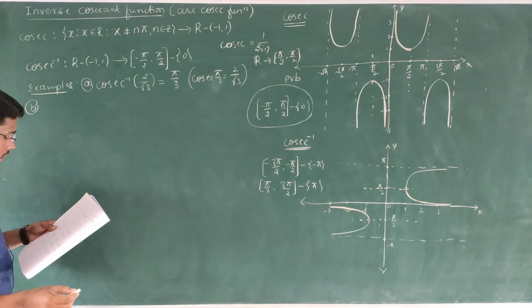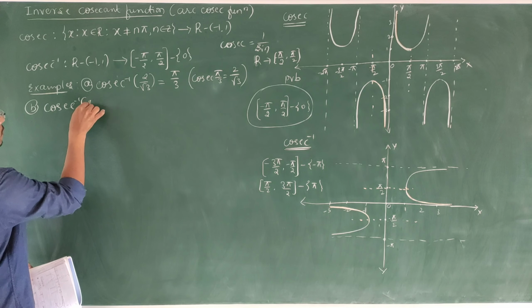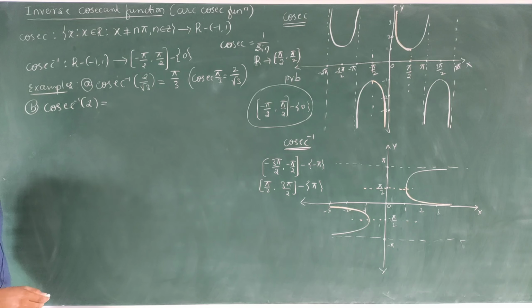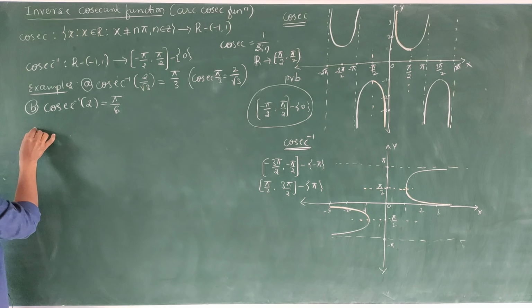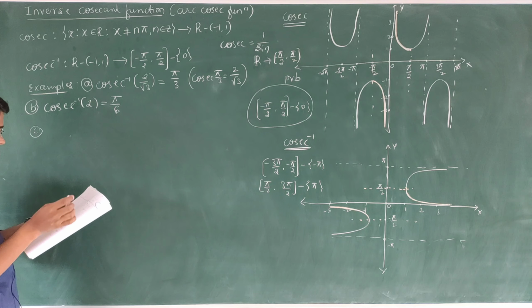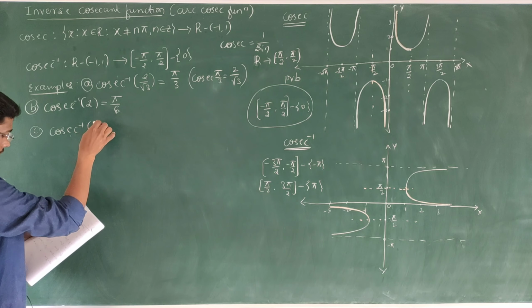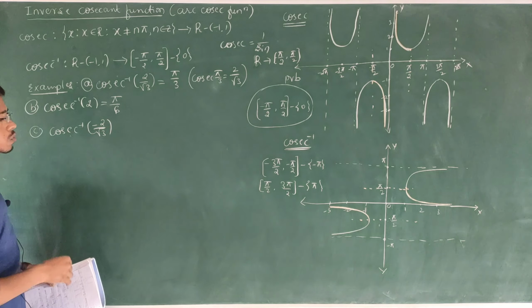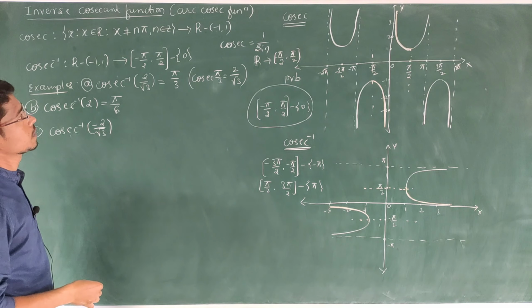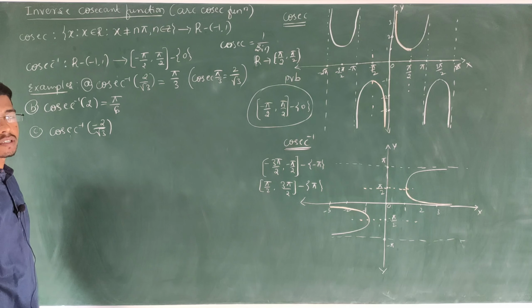B, cosec inverse of 2. So cosec is 2 when the angle is pi by 6. And C, cosec inverse of minus 2 by root 3. Okay, so our region is minus pi by 2 to pi by 2 except 0.